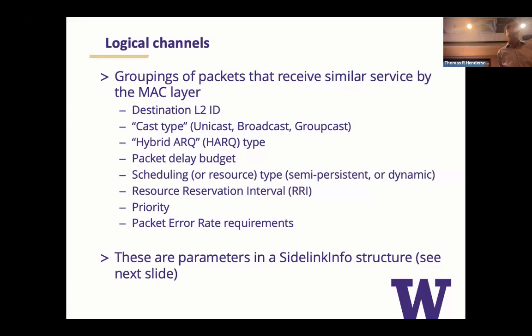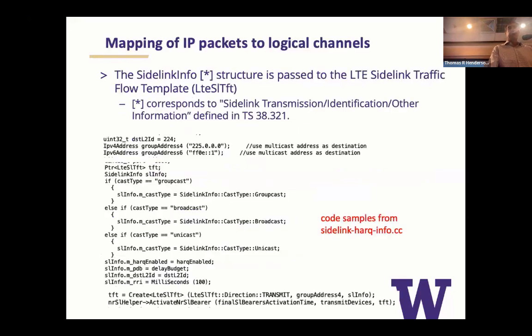These are the classifications that are presently used, or that the standard describes as being used, to separate packets into logical channels. What we've done in ns-3 is group these into what's called a sidelink infrastructure. In the standard 38.321 this corresponds to the sidelink transmission identification and other information parameters. We pass this to the LTE sidelink traffic flow template in the ns-3 code.